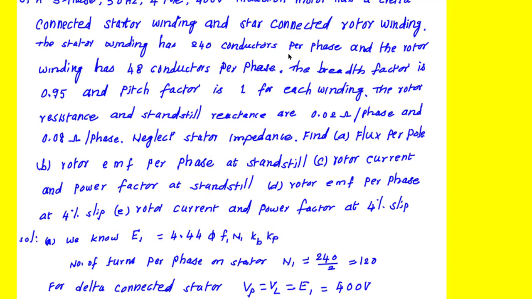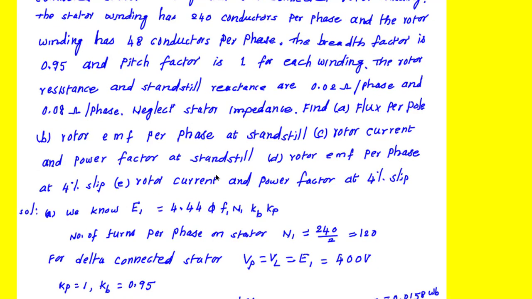A turn means two conductors form a turn. So we must convert these conductors into turns. Similarly, the rotor also has conductors per phase, whereas in the formula we must use only turns. So we have to convert these conductors into turns.